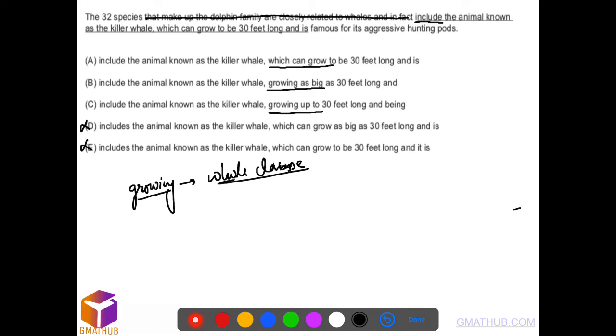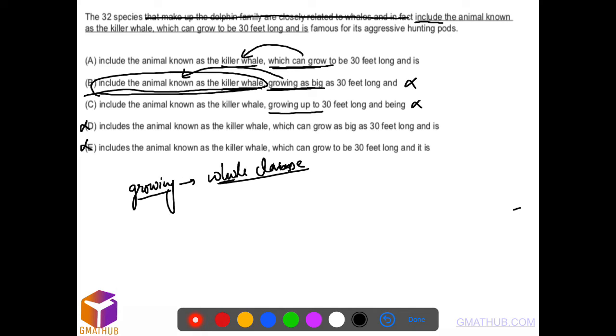What is growing? Just the killer whale, or the whole phrase? Just the killer whale, so growing would be the wrong usage here, since it modifies the whole clause before it. So now, what can grow? The killer whale. So this is the right usage. A is the right answer.